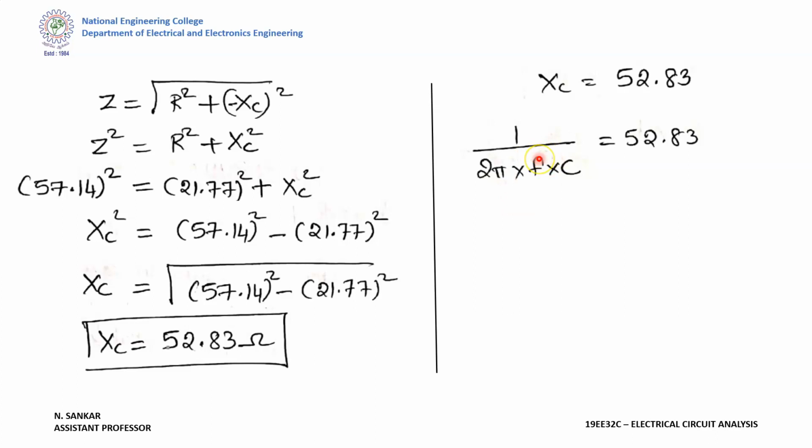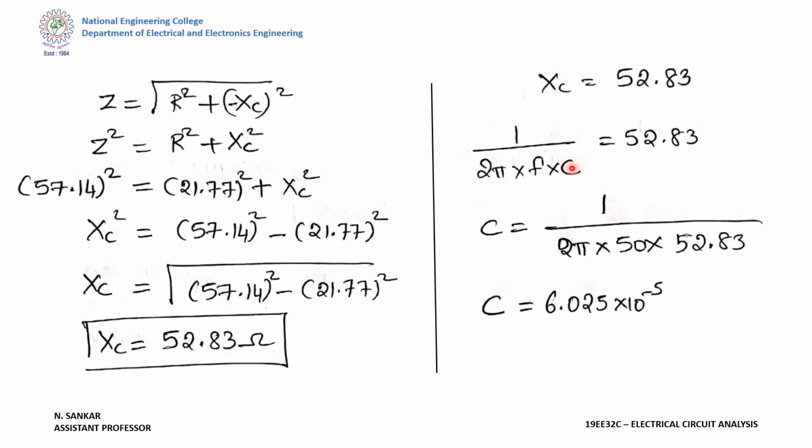Just substitute 50 here, so C is equal to 1 by 2 pi into 50 into 52.83, because we have taken capacitor C to here and brought the 52.83 to the denominator. So C is equal to 6.025 into 10 power minus 5.